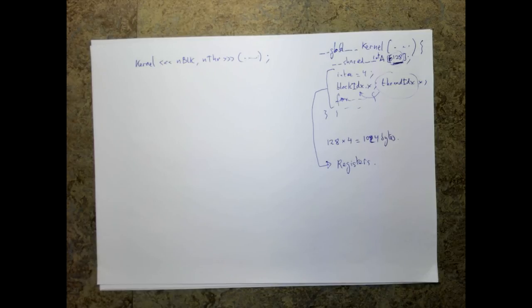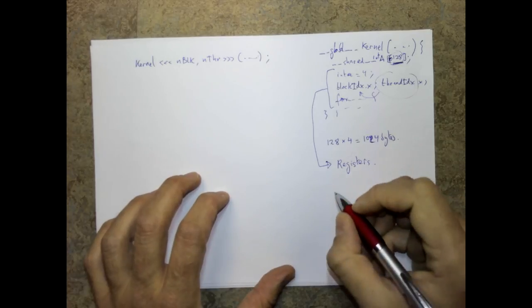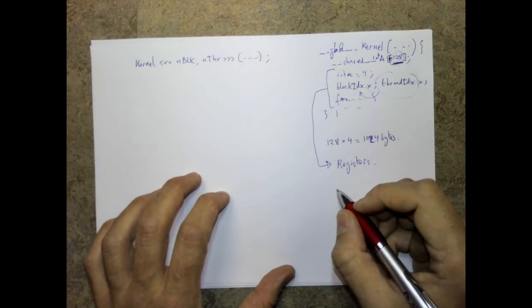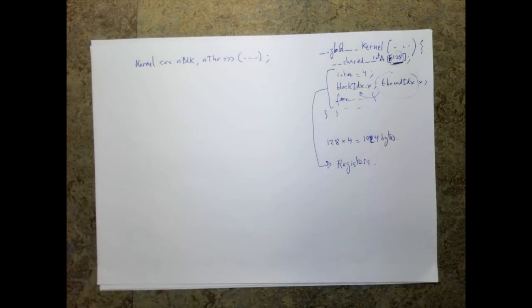If we want to calculate the occupancy of one kernel, the occupancy of the SMs, it's always going to be useful to use the appropriate compiler flag that will tell us what the registers and the shared memory needs are.